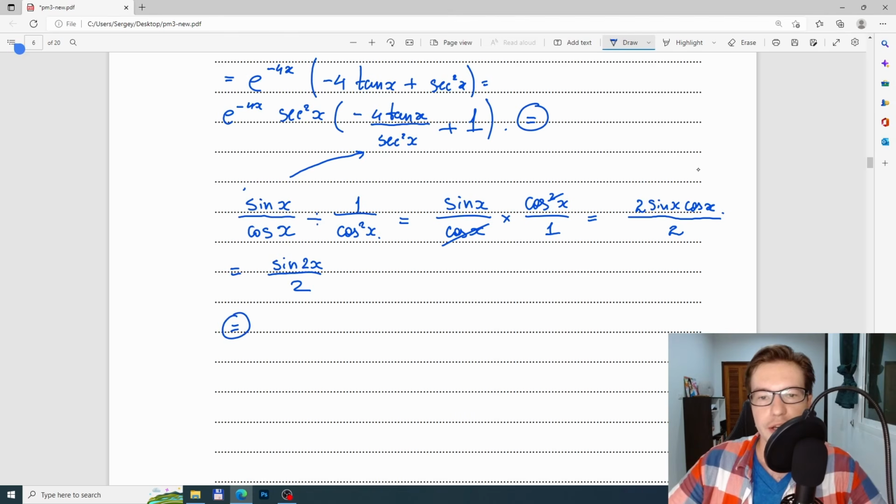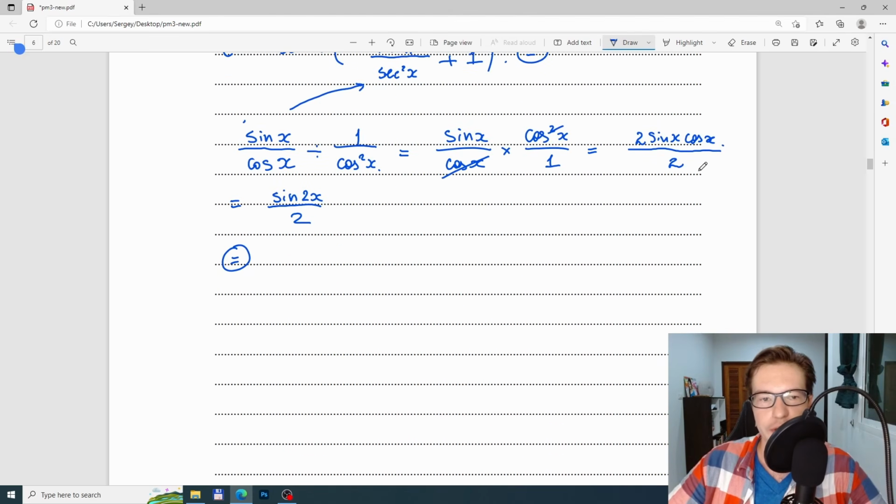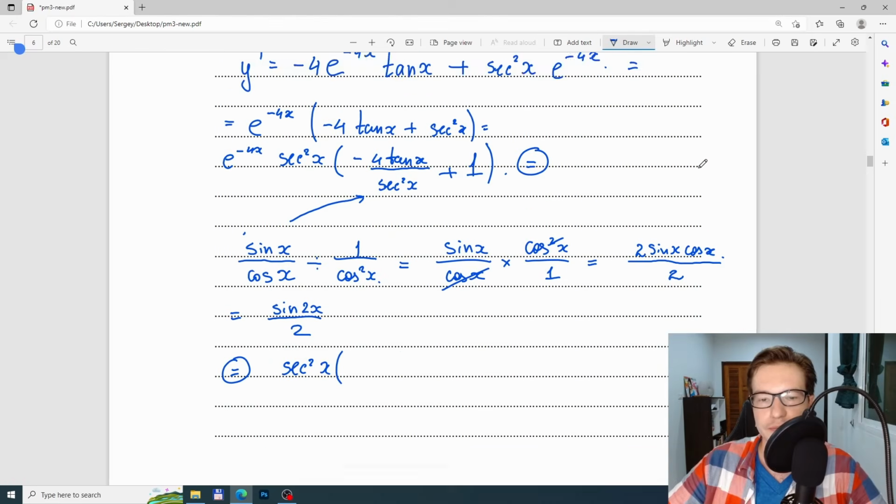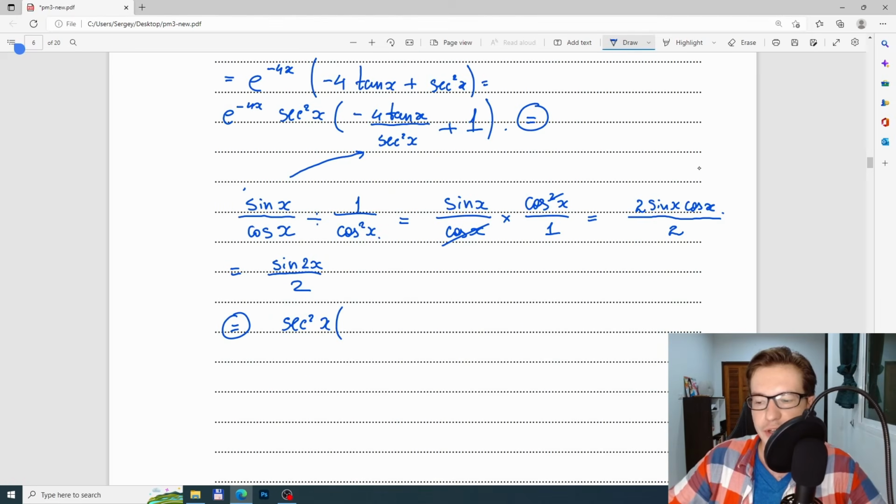Let's do that. So secant squared should go first. And then goes the bracket. I've got 1 minus 4 sine 2x over 2.